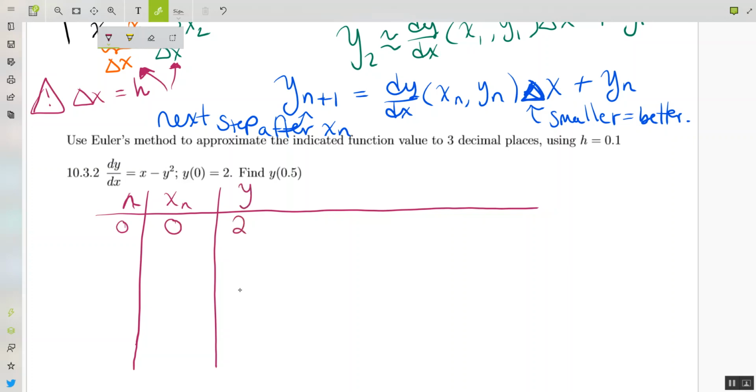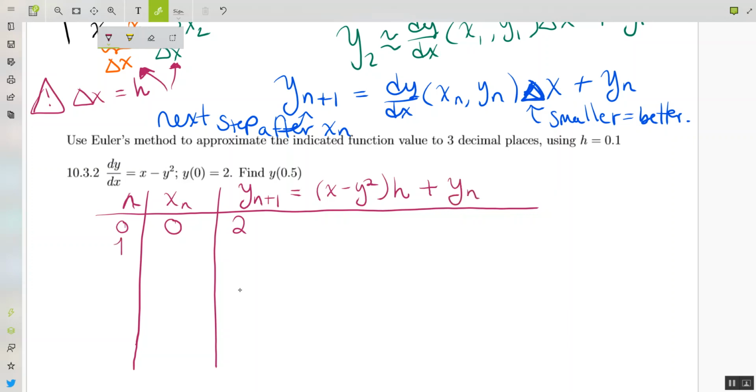But as I move forward, my yn plus 1 is going to be the previous y times, sorry, not delta, dy dx. dy dx in this case is y minus y squared. And I would put delta x, but they're going to make me use h, 0.01, plus my previous y. So yn, the previous one, the one before it.